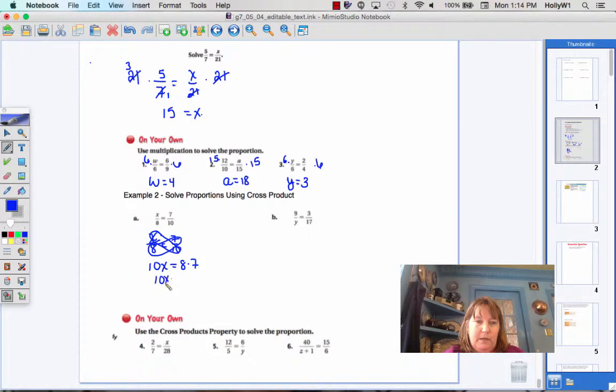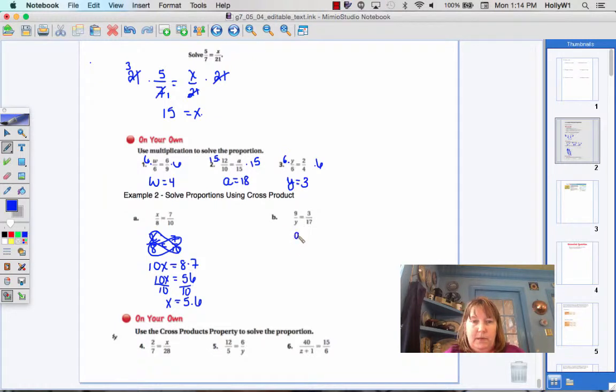Simplify, so 10x is equal to 56. Divide both sides by 10 because we're going to solve for x. And x is equal to 5.6. And if you look closely at this, if you multiply both sides by 8, you end up with 56 divided by 10. Kind of the same thing.